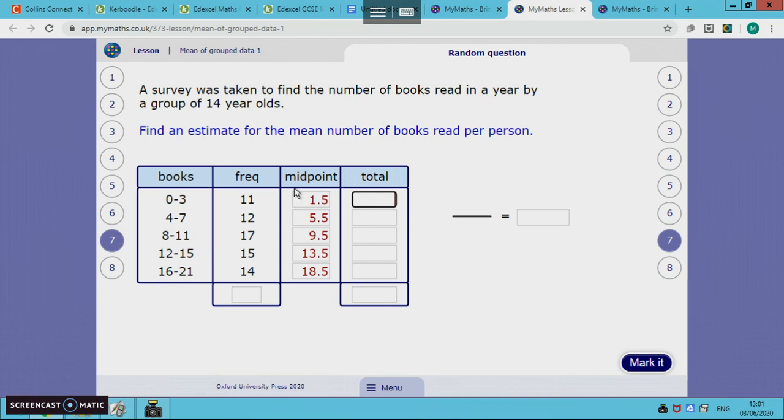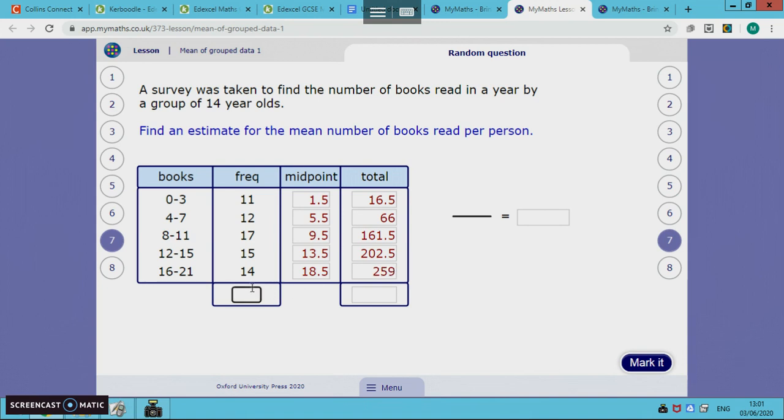So this column is when we do frequency times midpoint, F times M, so 11 times 1.5 is 16.5. I'm just going to try and do this as quickly as I can so you can copy it down as we go along. 17 times 9.5 is 161.5, 15 times 13.5 is 202.5, and then 14 times 18.5 is 259.